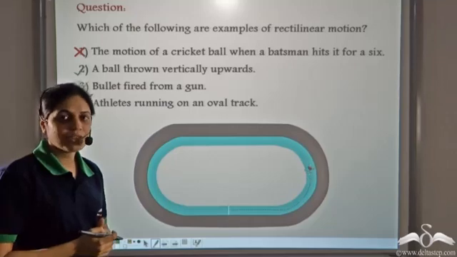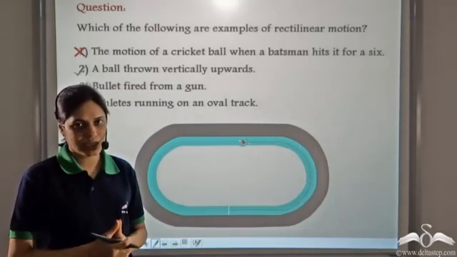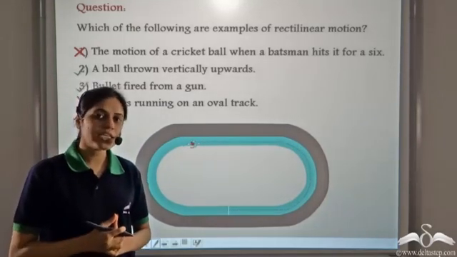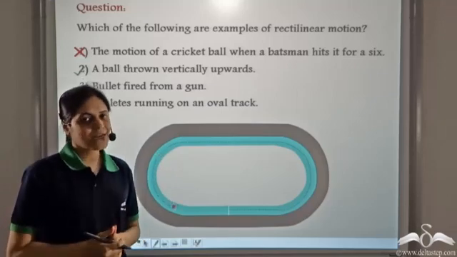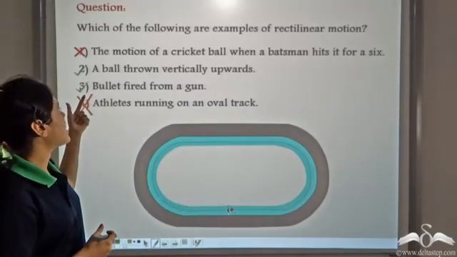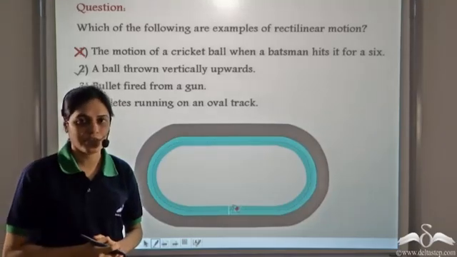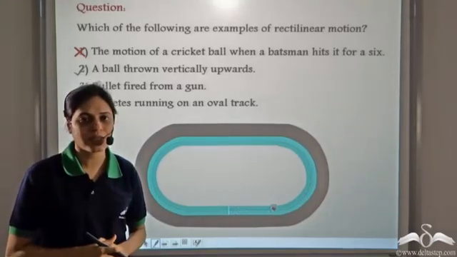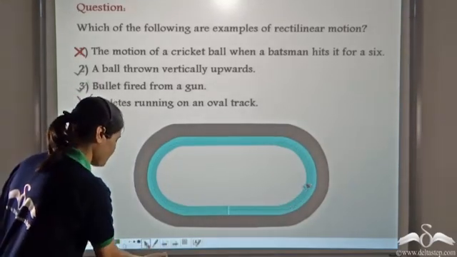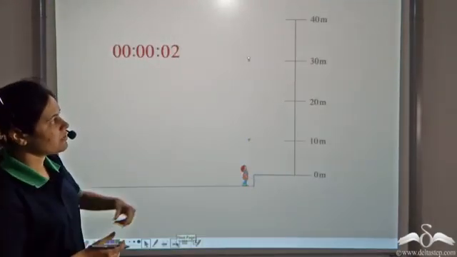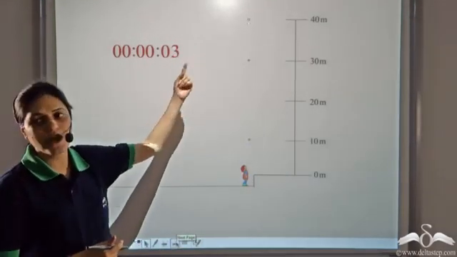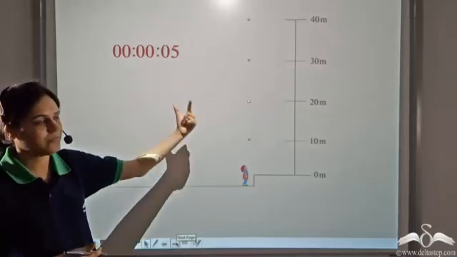So having learned what is one-dimensional or rectilinear motion, let us see how we can represent one-dimensional motion. So let's take any of these examples, say a ball thrown vertically upwards, and see how we can represent it. We note its position at different points in time.